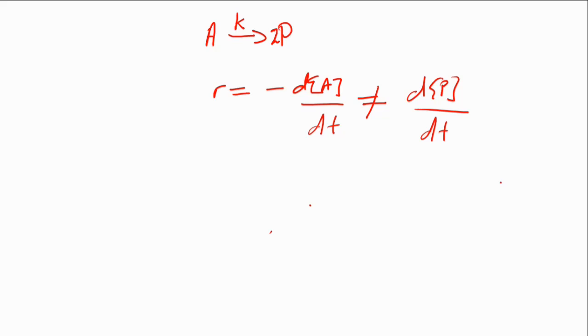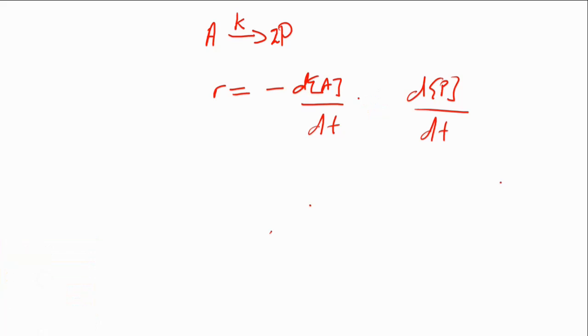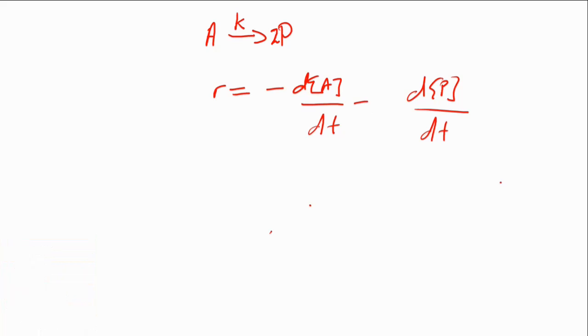When one molecule of A breaks down in a given time, let's say 1 second, in that same 1 second, two molecules of P will be formed. Okay? So let's fix this problem. Let's fix this issue. Here goes.